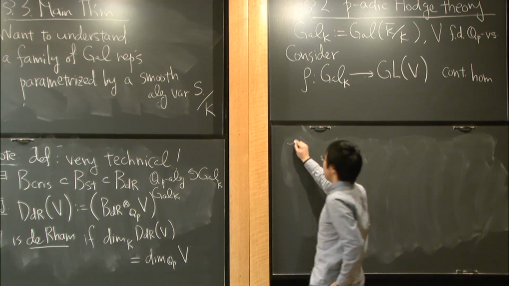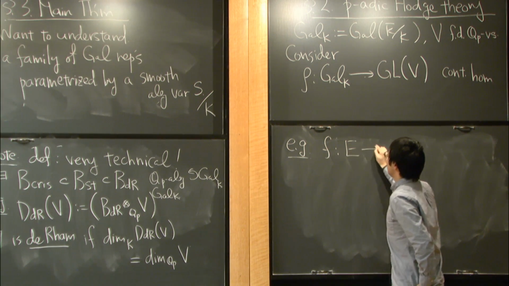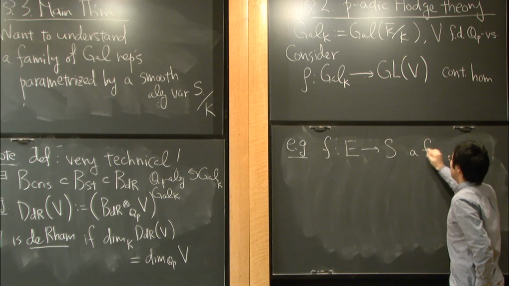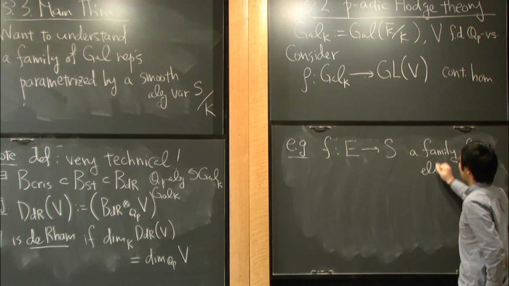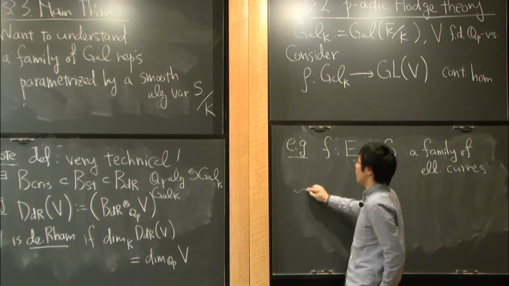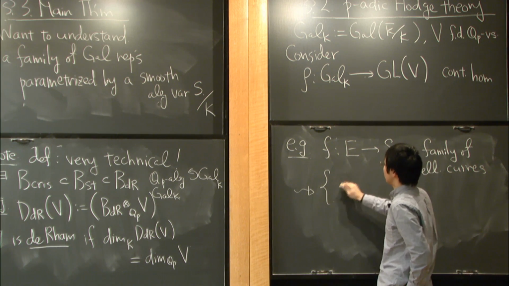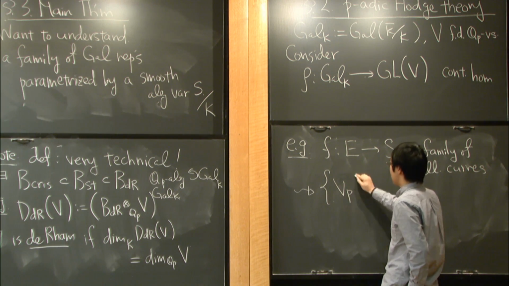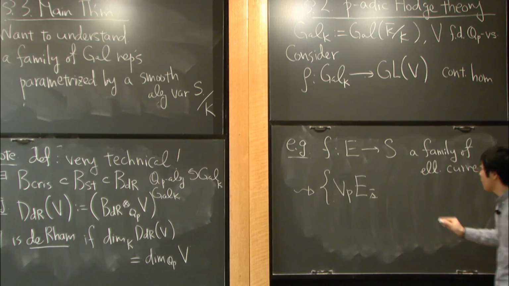So a naive example is, as before, if you start with a family of elliptic curves, then naively you consider the rational Tate module of each special fiber.